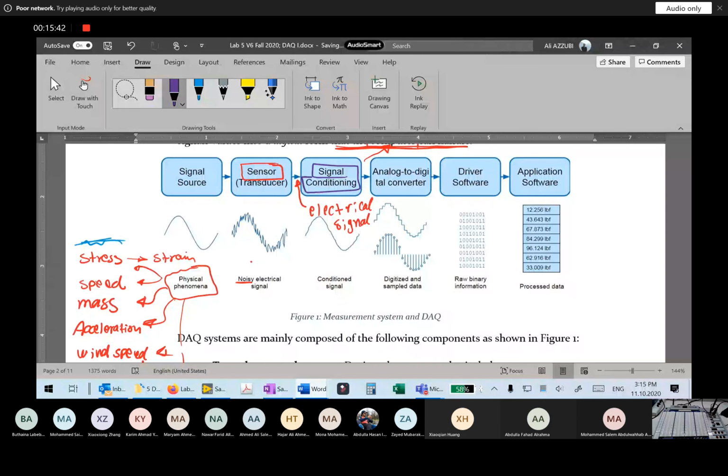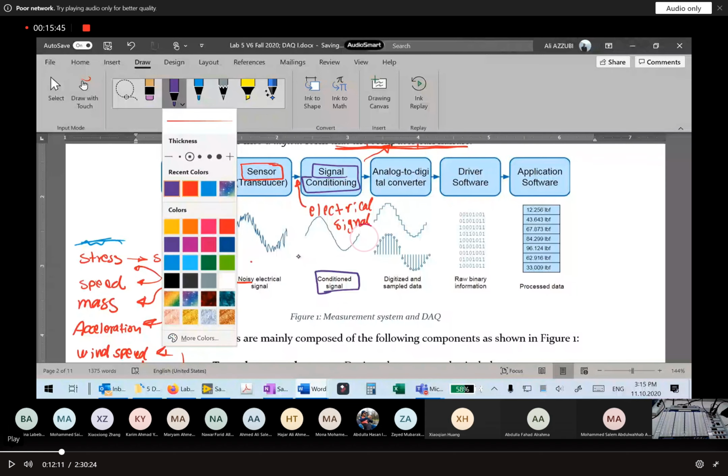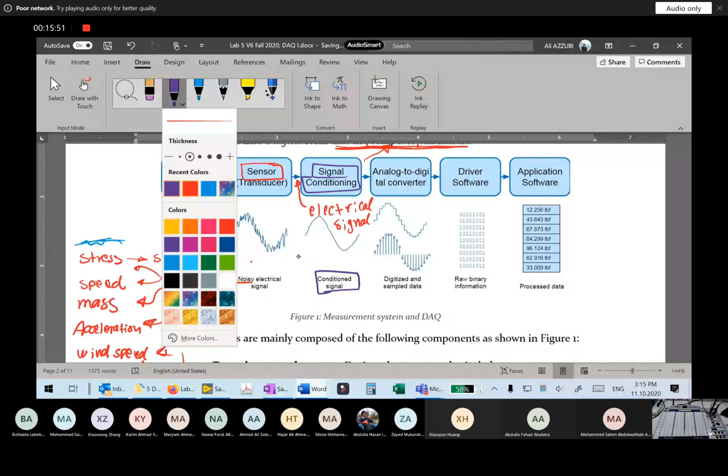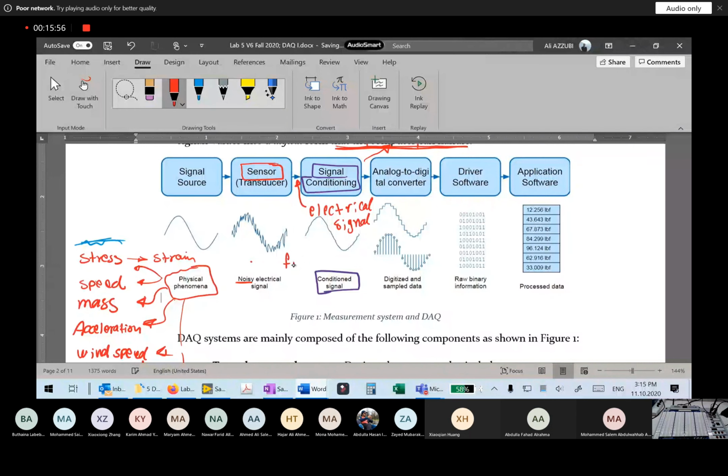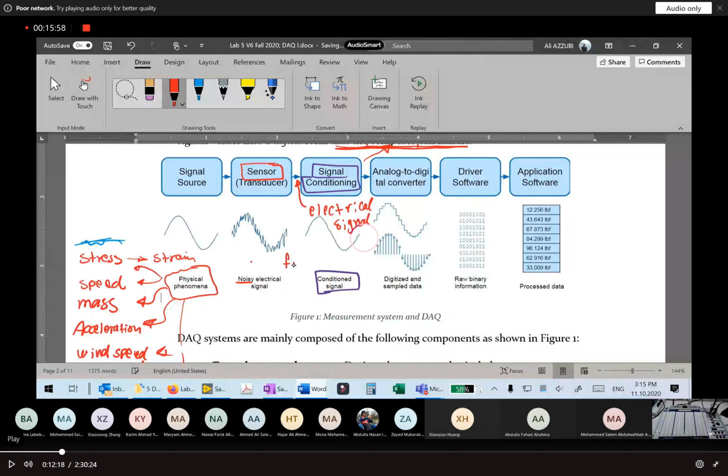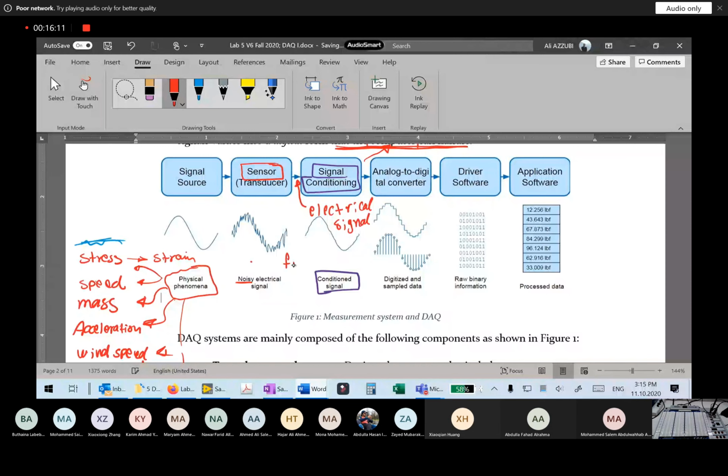I have used the filter. The filter took this noisy signal and gave me this clean signal.